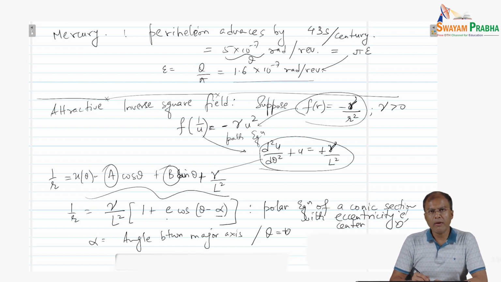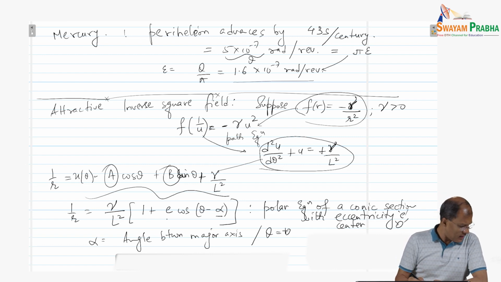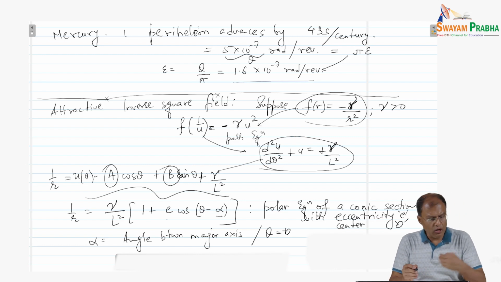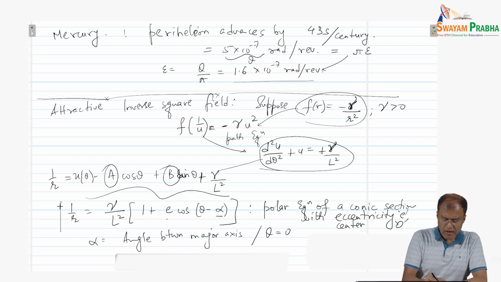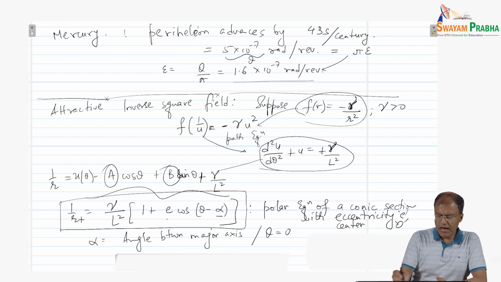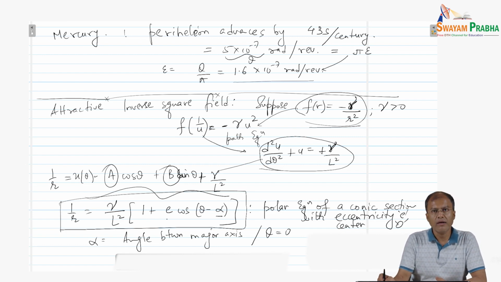For people who are not familiar with conic sections, we will briefly do a quick crash course on conic sections in the next module. So you just wait for the next module. But in the meanwhile, I just want to conclude our current discussion by noting the following. What we have found is that an attractive inverse square field leads to a conic section.